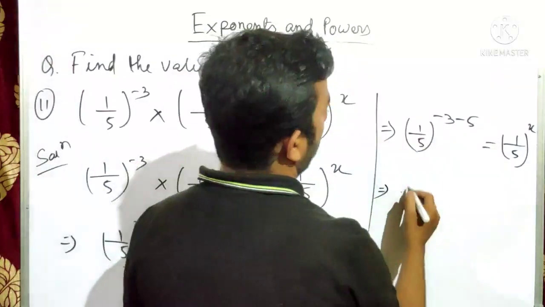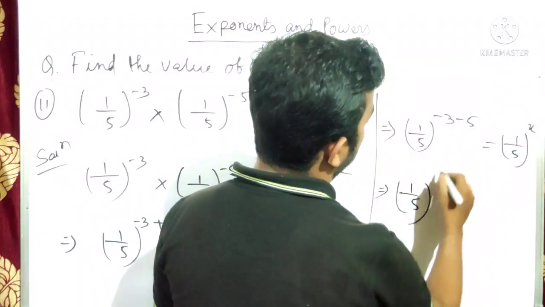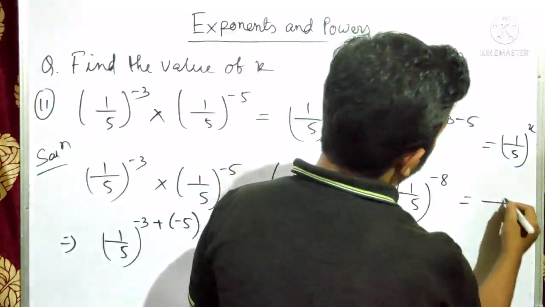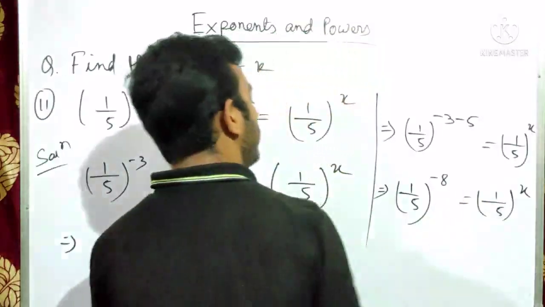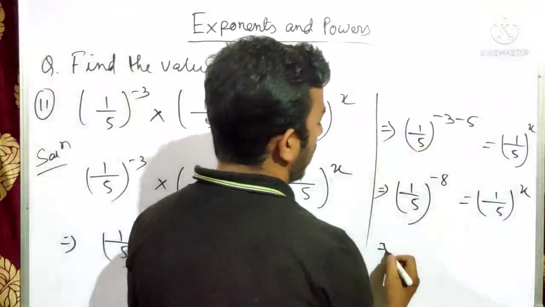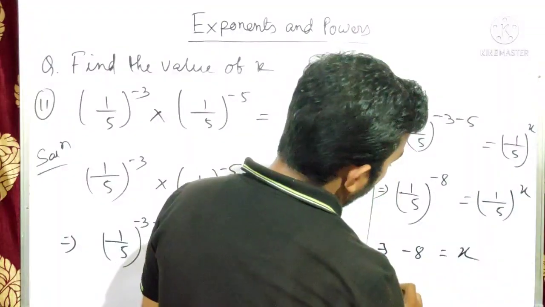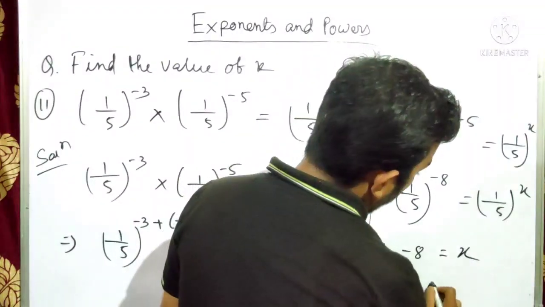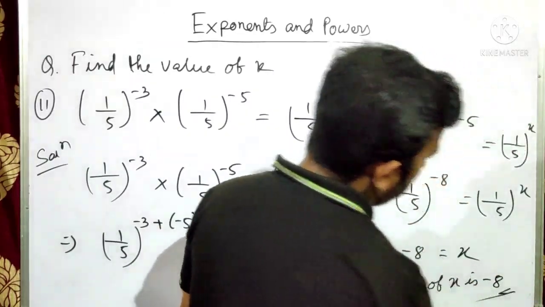So now 1 by 5, minus 3 minus 5 is what? Minus 8 equals 1 by 5 to the power x. So base same, in the middle we have equal, that means minus 8 equals x. So therefore the value of x is minus 8.